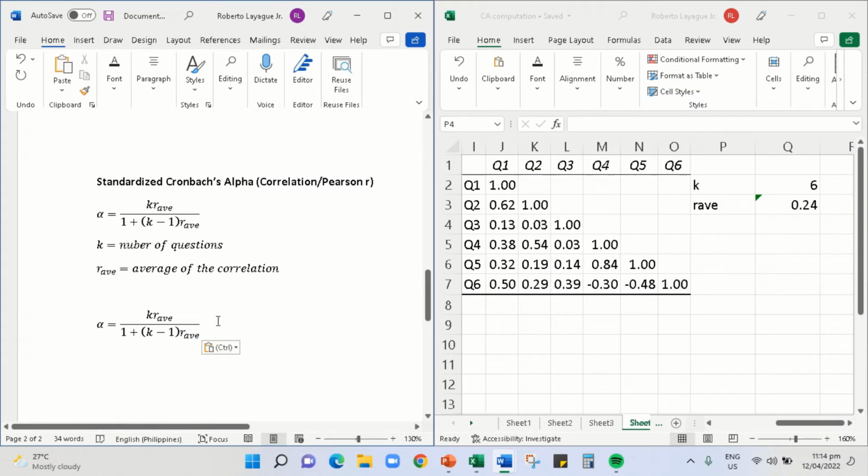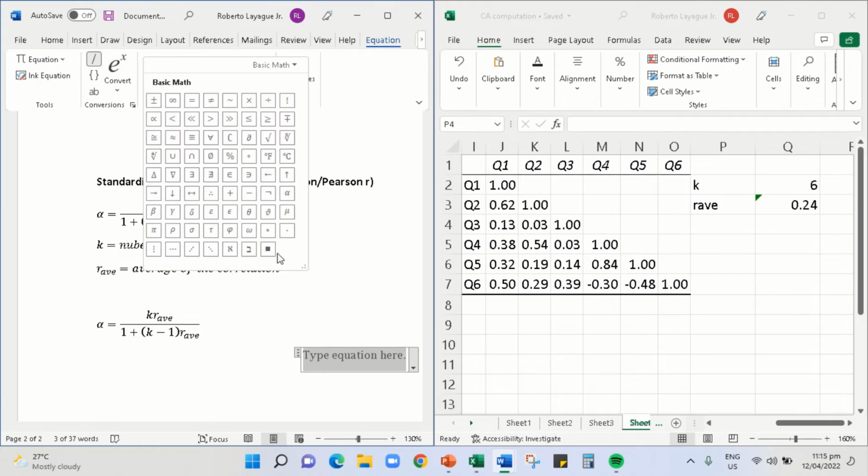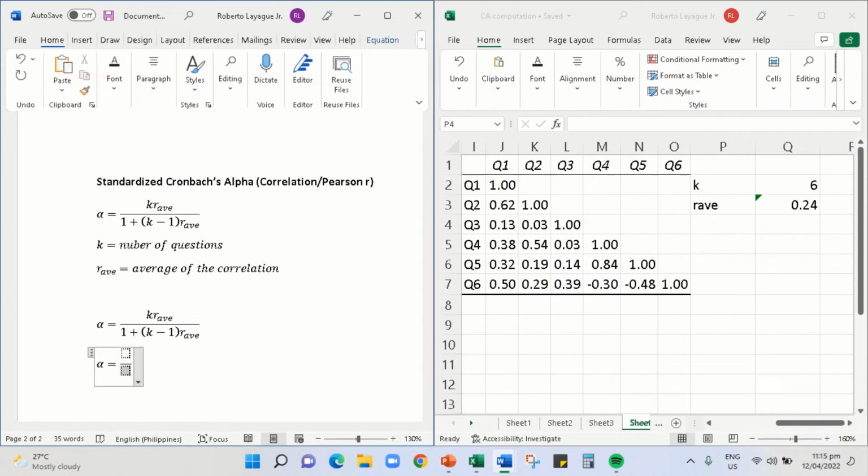When we set that up on a manual process, we get now the alpha. Let me just put it at equal: k is 6, right? 6 times 0.24 multiplied all over 1 plus k minus 1, that's 5 times 0.24.